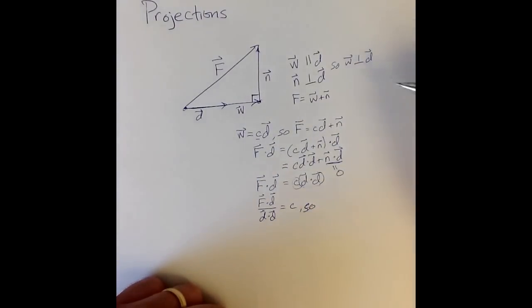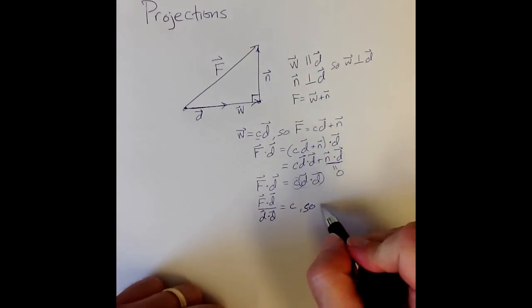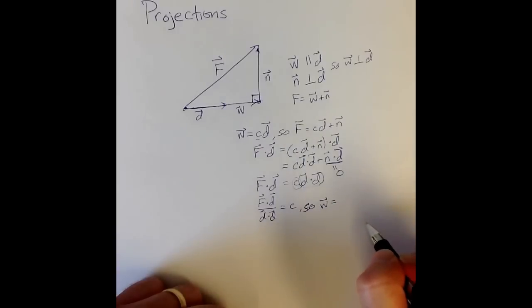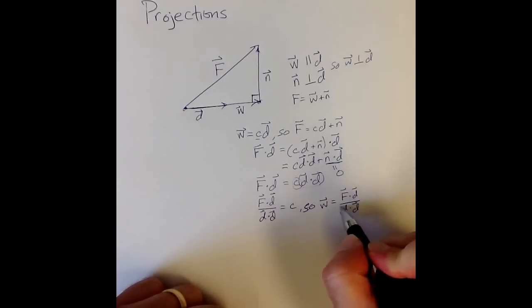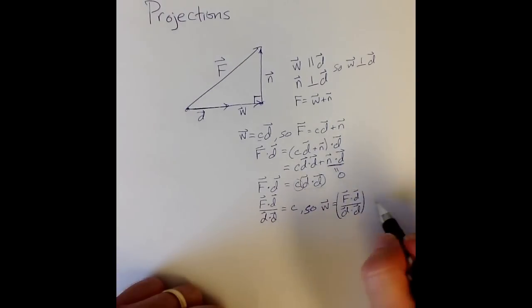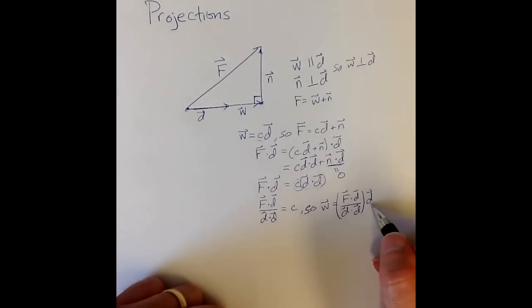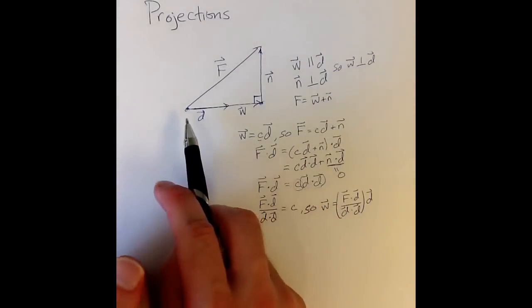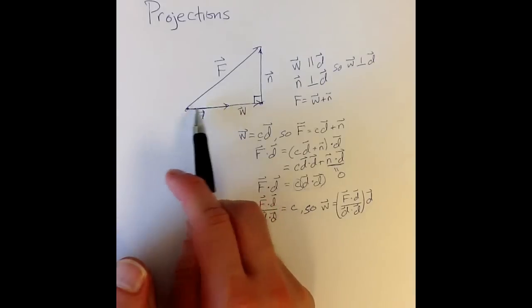Remember, w is equal to c times d, so w is now equal to f dotted with d divided by d dotted with d, a number divided by a number, so this whole thing is a number, times d. So this number tells us how much we need to multiply d by to get w. In this drawing we can see that this number should be about 2, because we multiply d by about 2 to get to w.